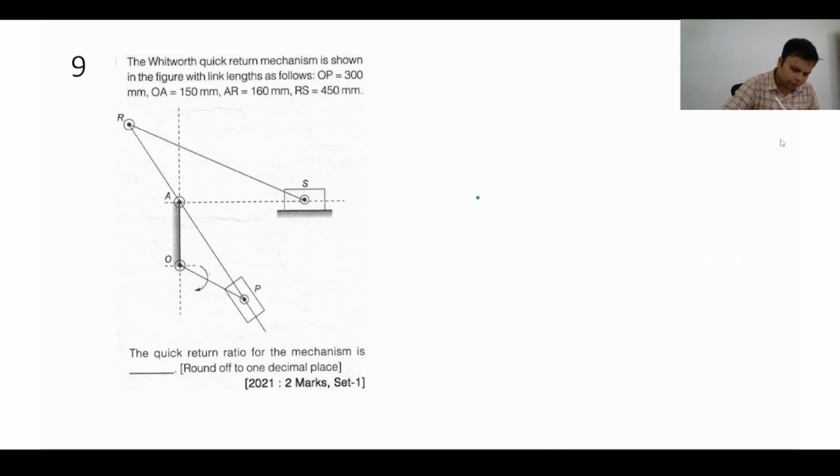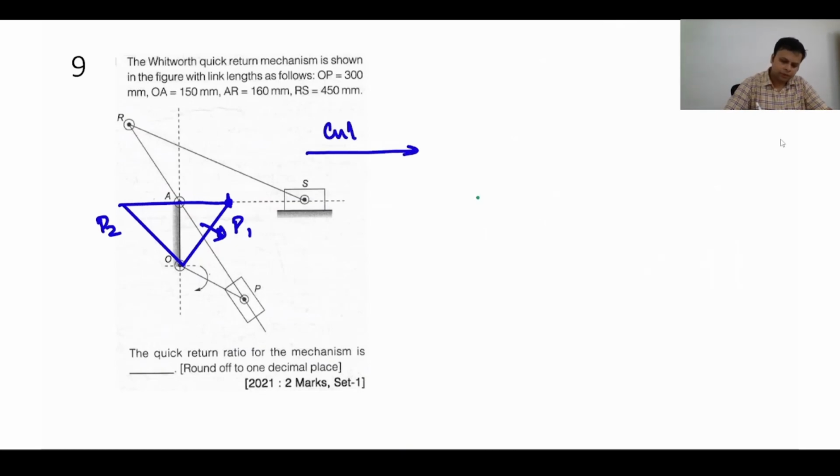So at least we have understood that when the crank moves from P1 to P2, the cutting stroke is taking place. And when it returns from this position to this position.